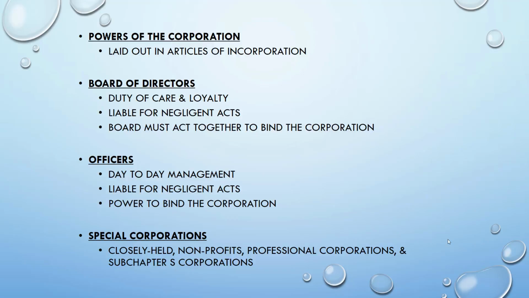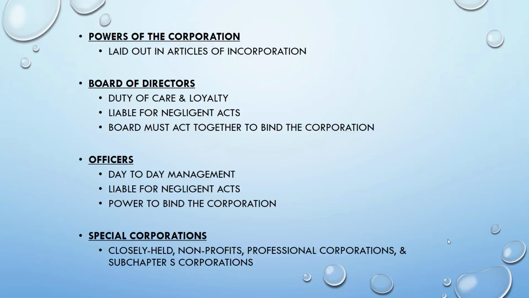I do want to note just briefly some special types of corporations that are discussed in the text. Closely held corporations, that is usually a family business that is incorporated and it's not traded publicly. You couldn't go on the stock exchange and buy shares in a closely held corporation. Non-profit corporations, you're probably familiar with.